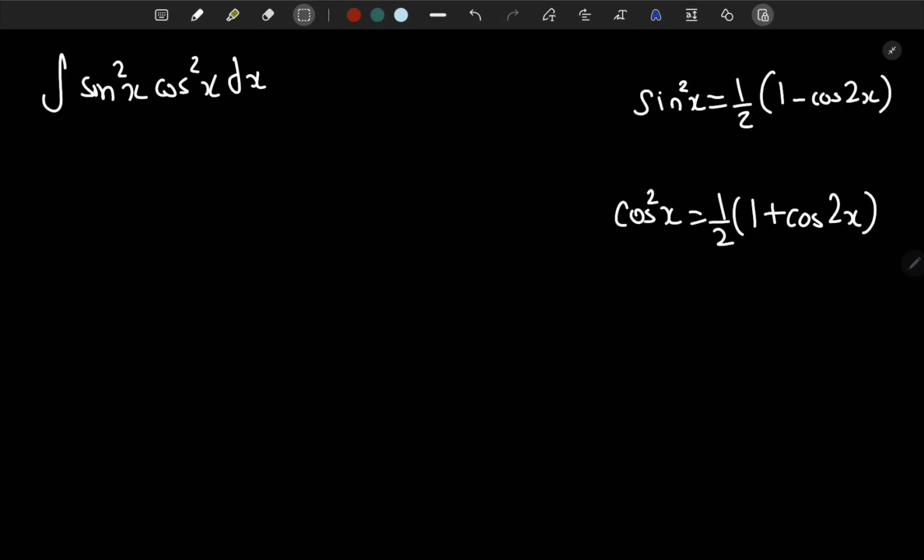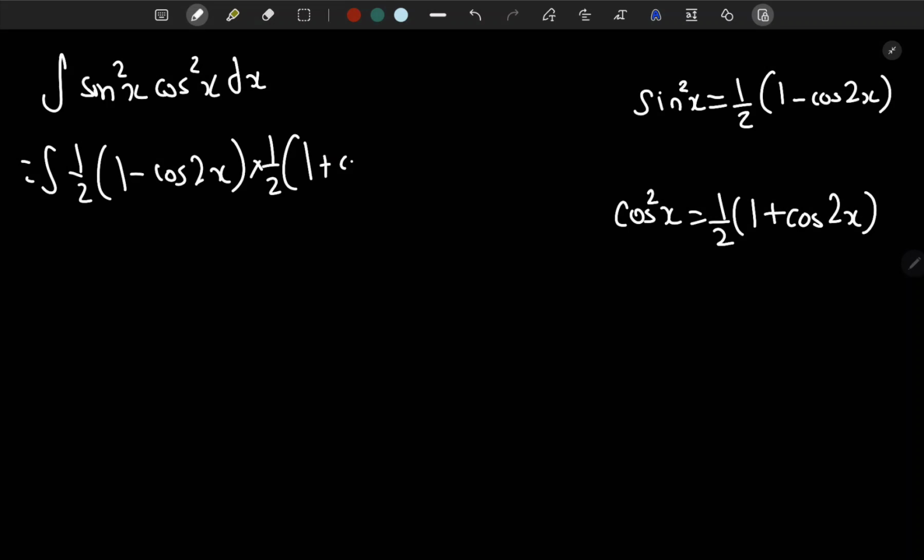So for our last example, we have the integral of sine squared x times cosine squared x. The first step that we can do here is use both of the power reducing formulas and write integral of half, and sine is 1 minus cosine 2x, and then half again, open brackets, 1 plus cosine 2x, close this bracket.